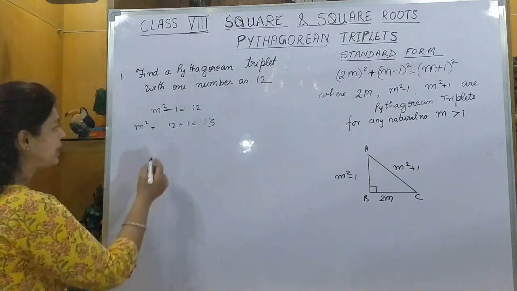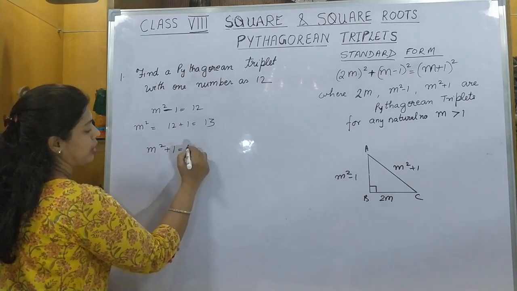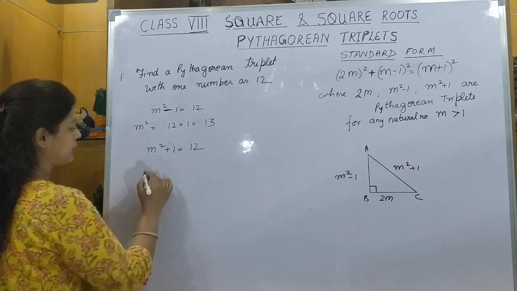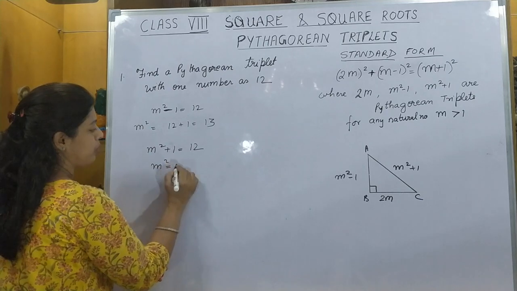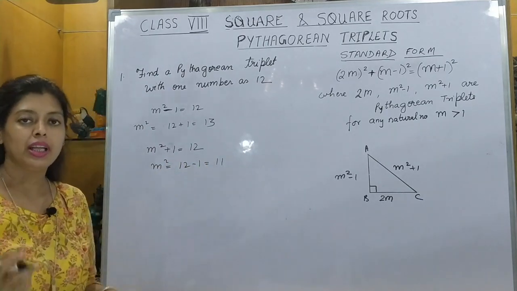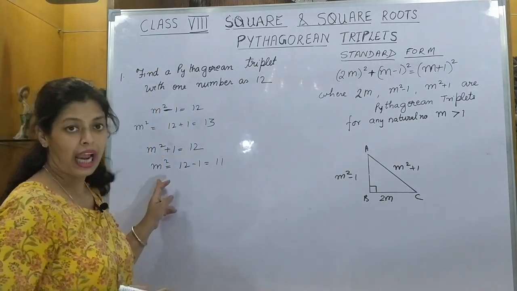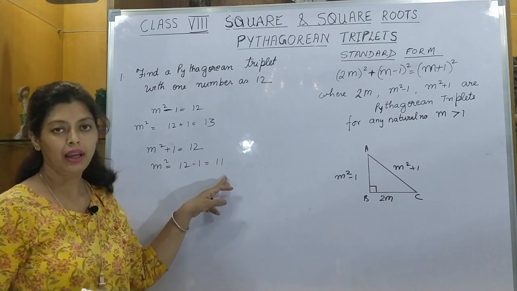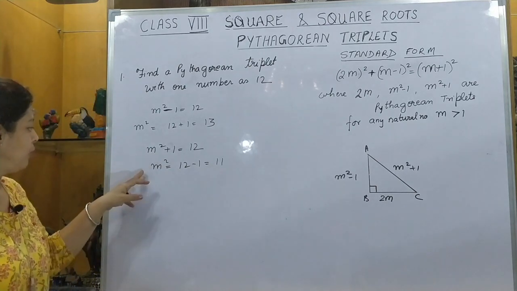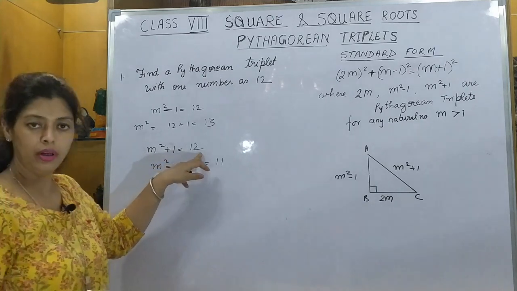So I take my case 2 where I use m square plus 1 is equal to 12. This means m square will be equal to 12 minus 1, which is 11. Now 11 is again not a perfect square. So there is no natural number m whose square can be 11. So for no natural number m can m square plus 1 be equal to 12 hold good.